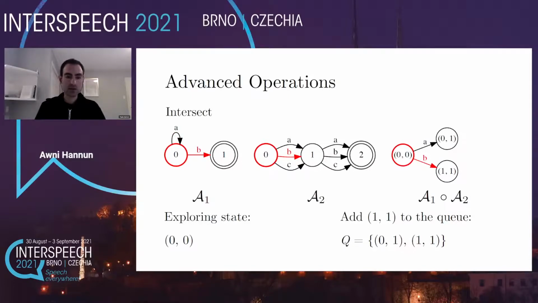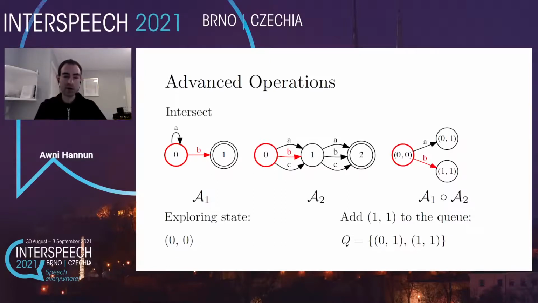Okay, so it turns out there is another arc pair that matches on the label B. So we add that arc pair, we add the downstream nodes of those arcs, so the state pair 1, 1 to the new graph. We also add it to the queue since we haven't seen it before.